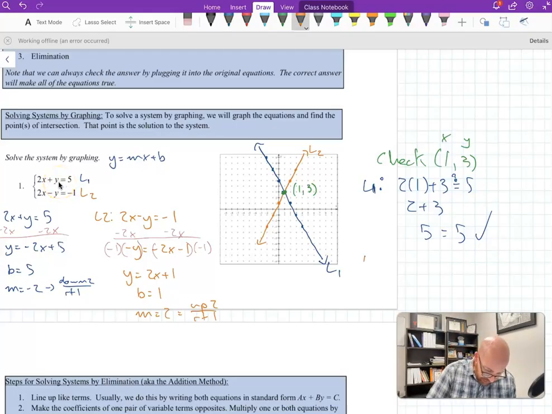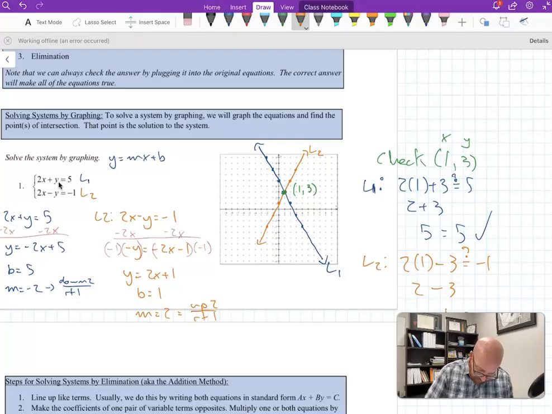Let's take a look at equation 2. 2 times 1 minus 3, does that equal a negative 1? What is 2 minus 3? 2 minus 3 is a negative 1, equals negative 1, check. So it satisfies the second equation. This is the point that will satisfy both equations.